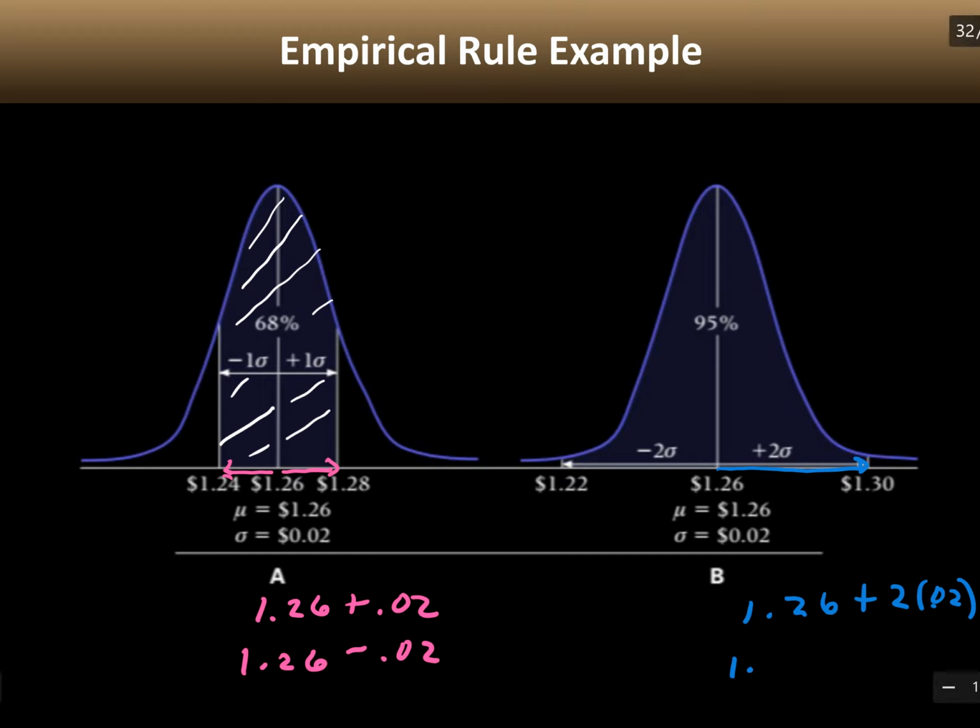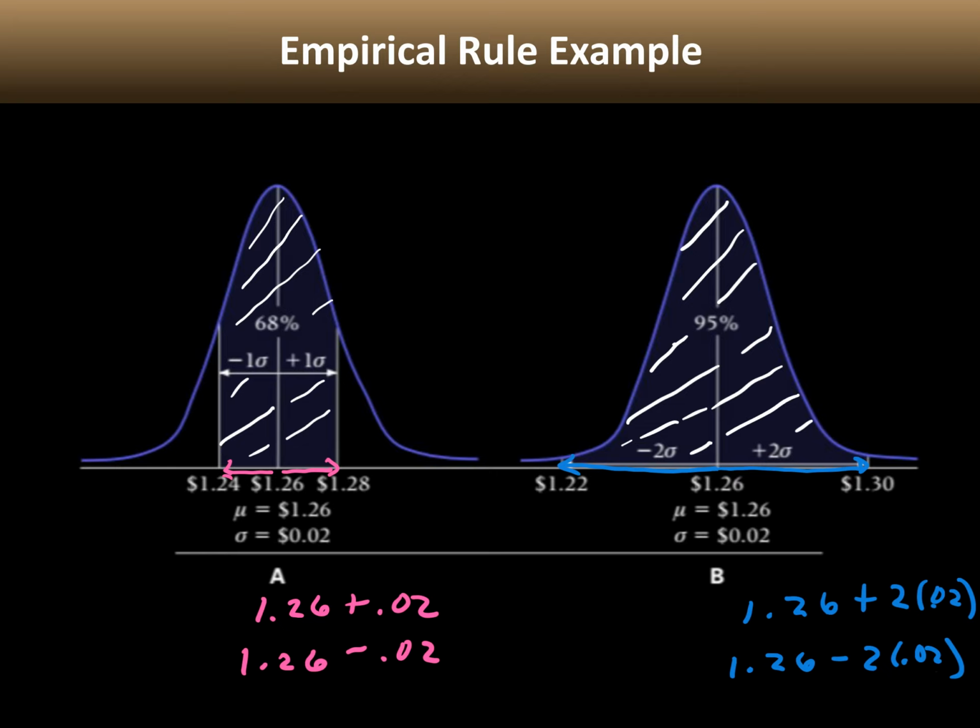And same thing, if we take $1.26 and subtract 2 times 2 cents, we're going to go down to $1.22. And that is going to represent 95% of the data. I'm shading this all in. It's almost the whole, it's almost 100%, right? 95%. So it's going to be from $1.22 to $1.30 is 95% of the data.